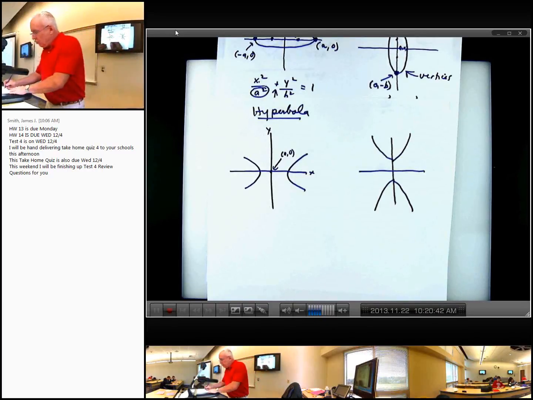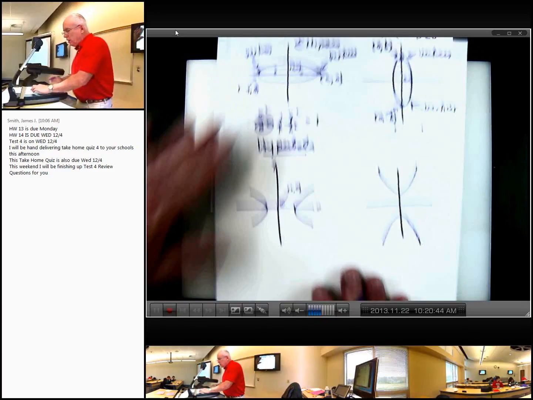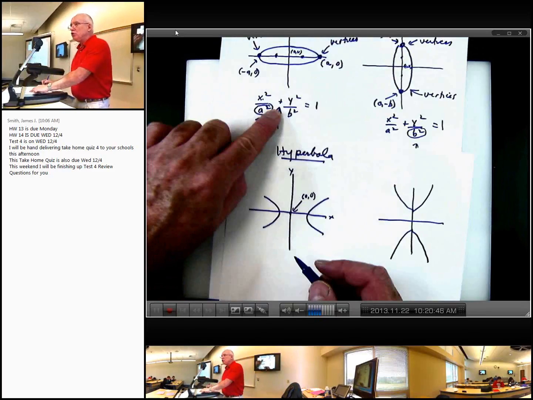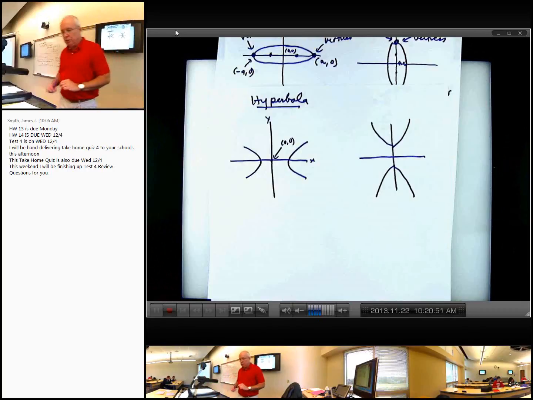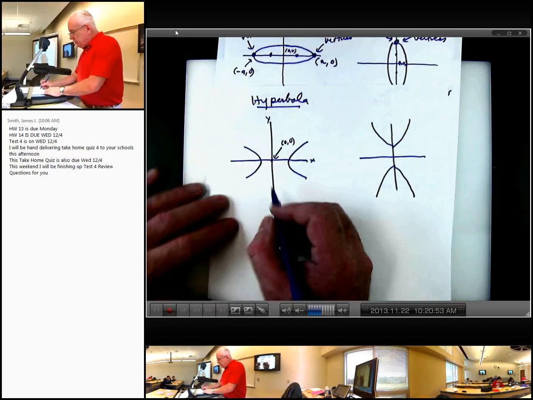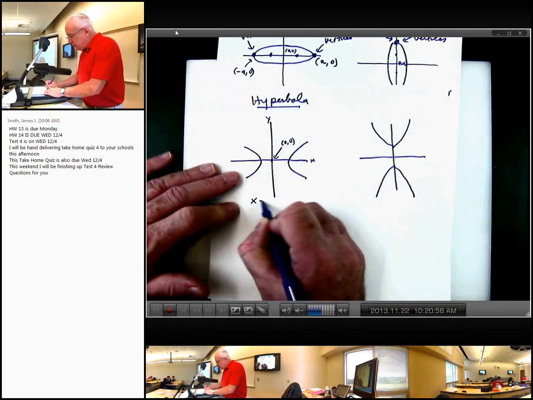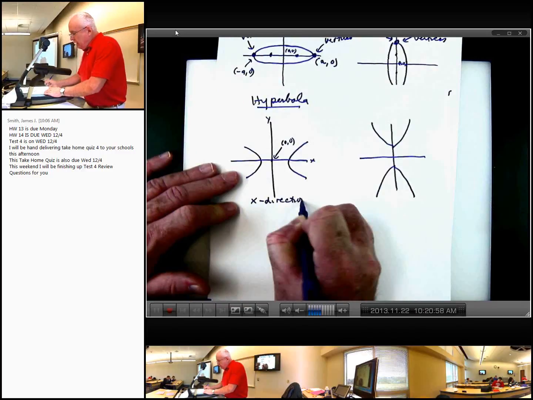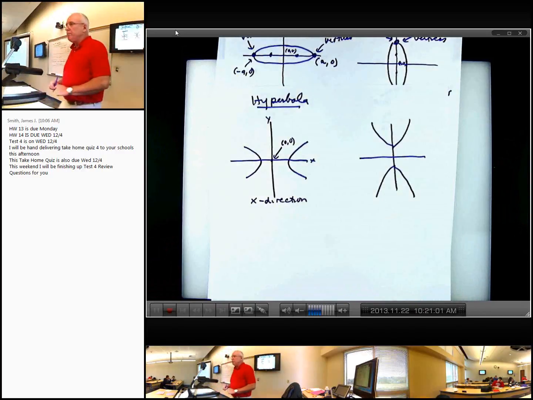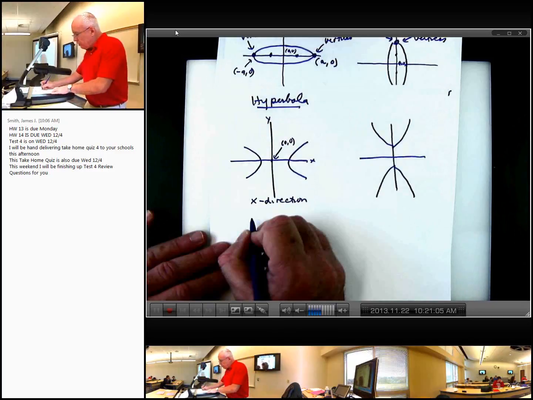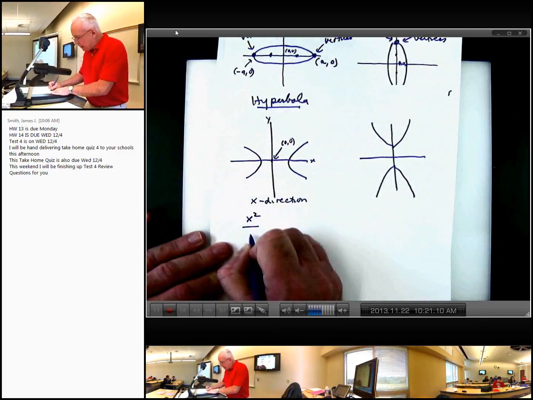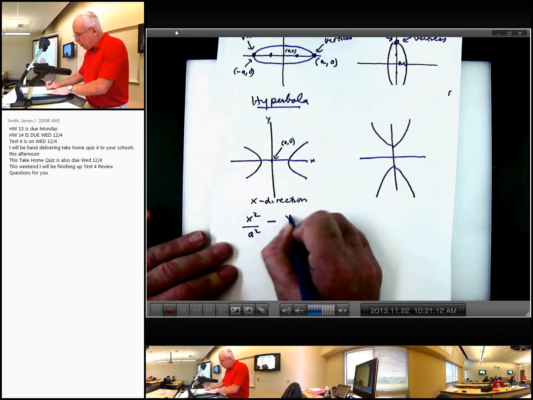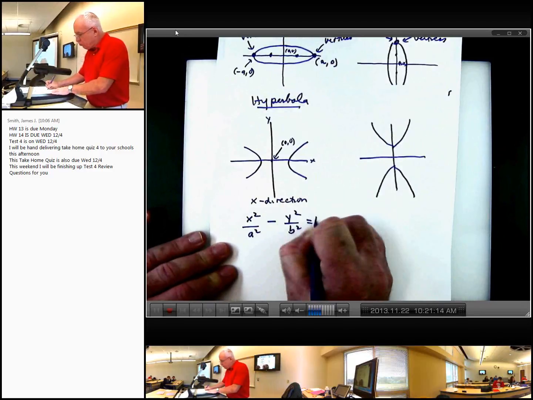Now, for the equation, the ellipse had a plus between the two terms. The hyperbola has a minus sign between the two terms. If it is oriented in the x direction, our leading term with the positive in front of it is going to be the x. Let's just say x squared over a squared minus y squared over b squared equals 1.